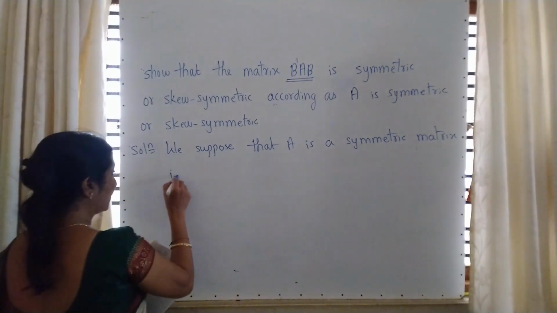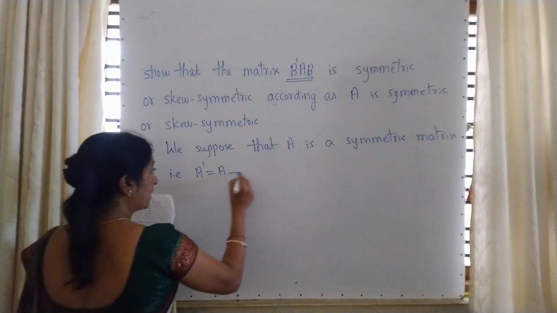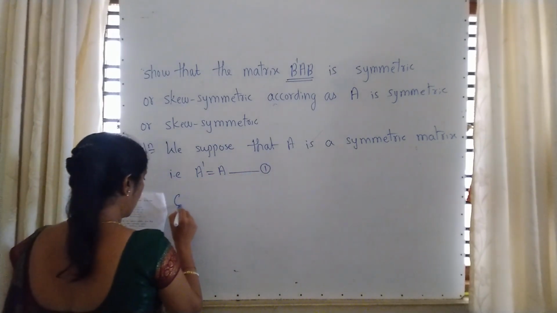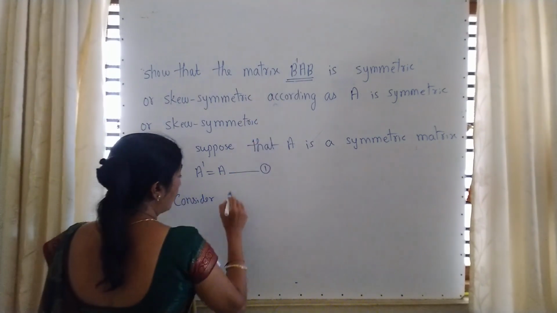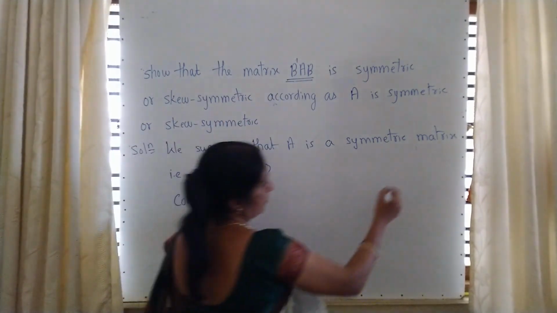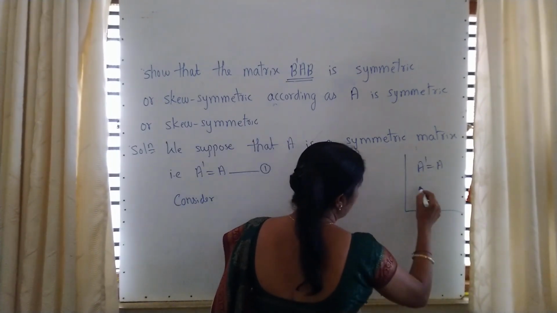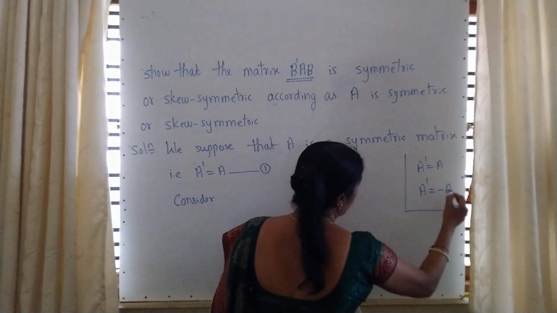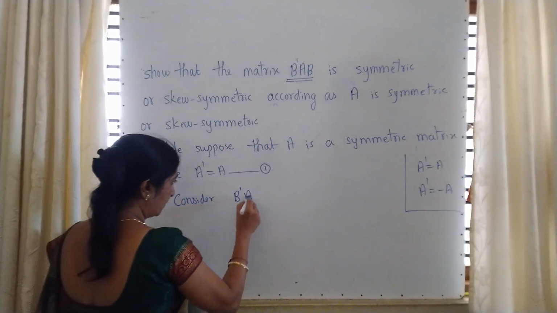That is A transpose is A. Let us take this as equation 1. Now consider transpose of this, because we have to see that the transpose is again same. What is the symmetric definition? Symmetric definition is A transpose is A. Skew symmetric, A transpose is minus A. So I am taking a transpose of this.